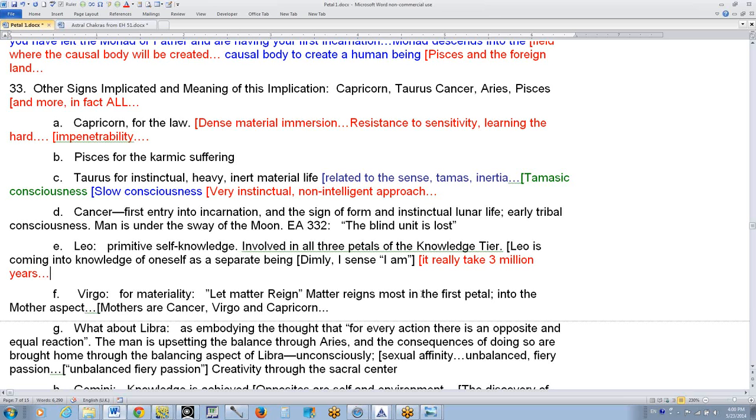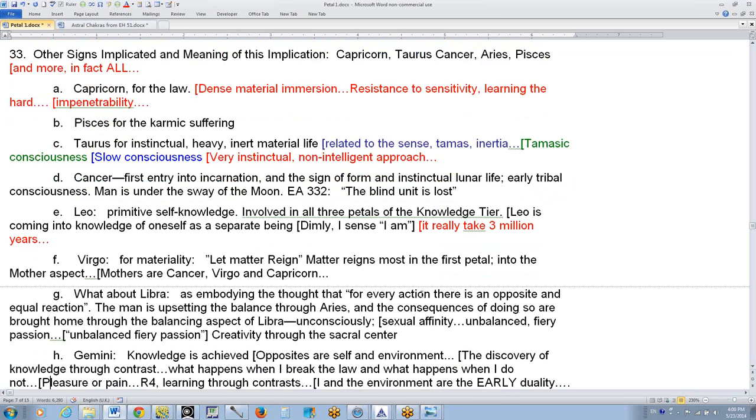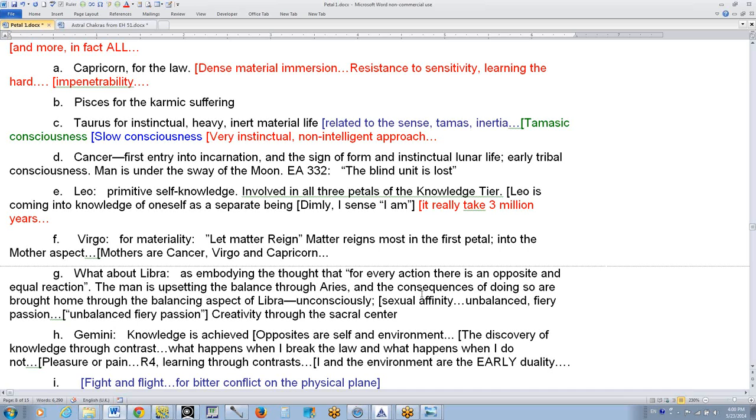What about Libra? Well, as embodying the thought that for every action there is an opposite and equal reaction. So the man is upsetting the balance through Aries, and the consequences of doing so are brought home through the balancing aspect of Libra, unconsciously. There's a rebound for breaking the law. That's the Libra rebound.